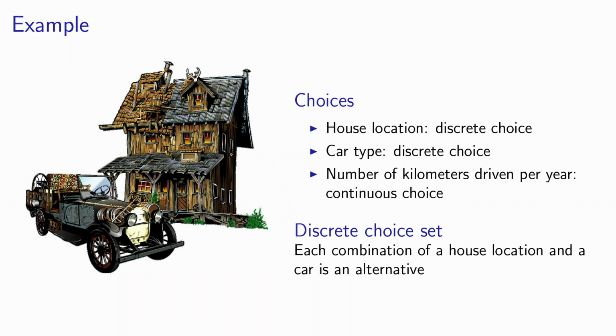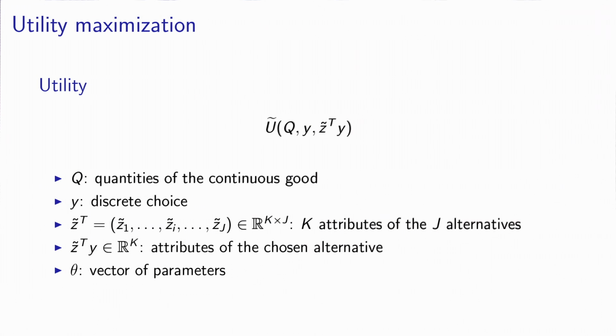In this example, the discrete choice set is composed of all combinations of a house location and a car. So the combination of these two decisions is one alternative in the context of the theory that we are describing now. Of course, the rest is the same.